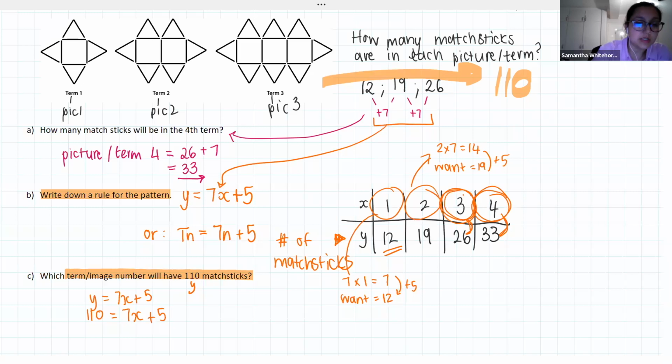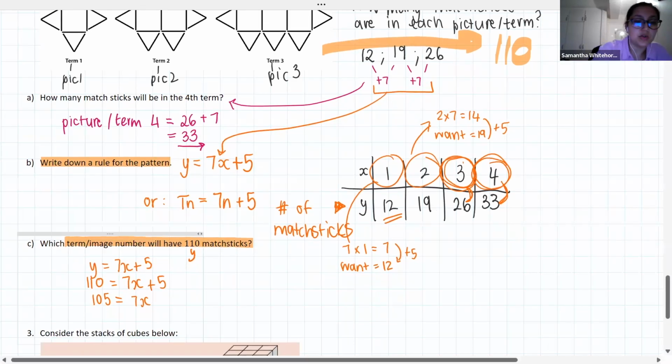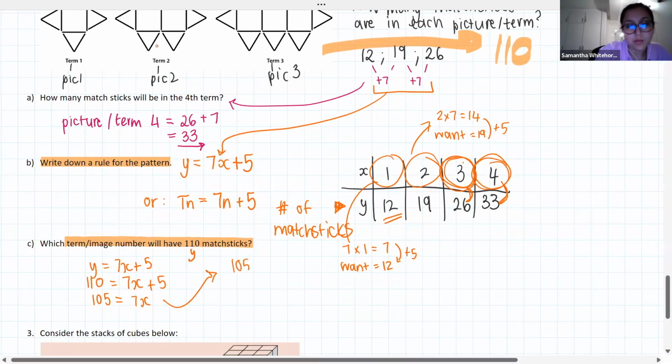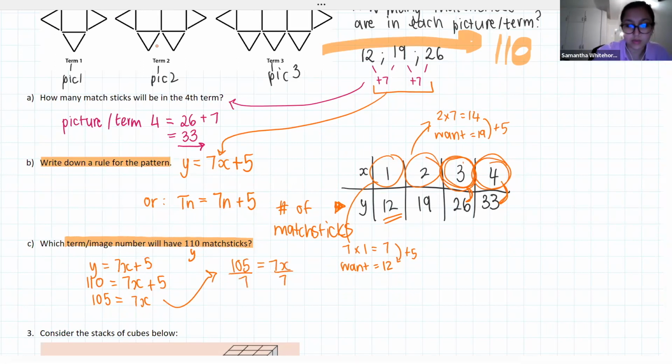So that means I'm going to subtract 5 on both sides, giving me 105 equals 7x, because 110 minus 5 is 105. And then we know that because we're solving for x, I'm just going to carry on up here because I haven't got enough space. We are going to divide both sides by 7 because I want x.